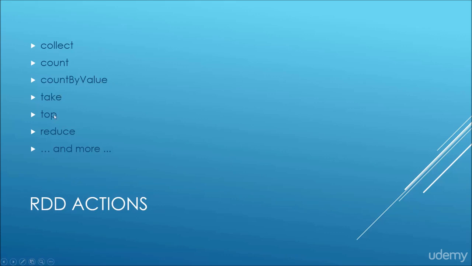There are things like take and top that let you sample a few values from the RDD final results. And more powerful is the reduce function, which lets you write a function that combines all the different values for a given key and boils things down into a summation or some sort of aggregation of your RDD. That'll make more sense as we look at more examples. There are more examples of actions you can do as well, but these are the more common ones.